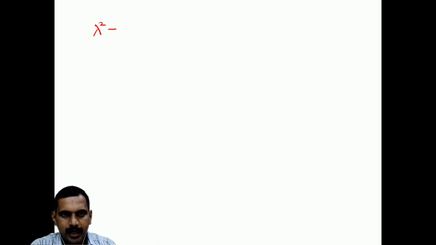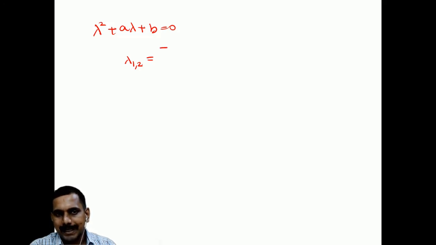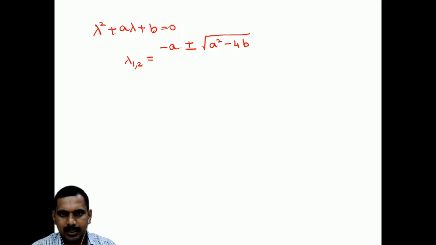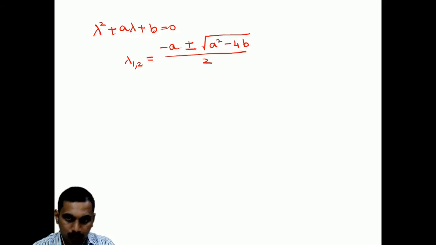Lambda square plus a lambda plus b is equal to 0. This is a quadratic equation. What is the solution? Lambda 1, 2 is equal to minus a plus or minus square root of a square minus 4b, divided by 2, correct? This is the solution.